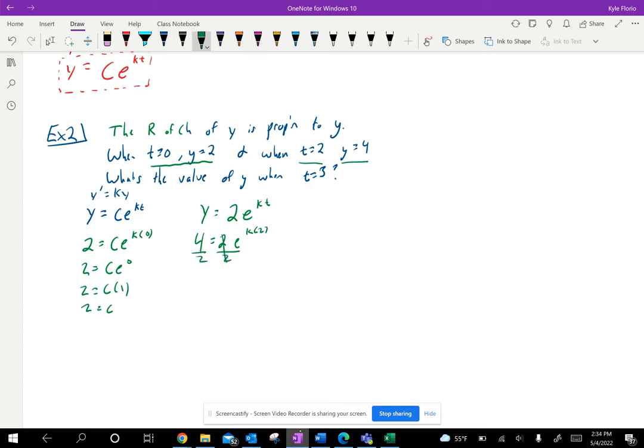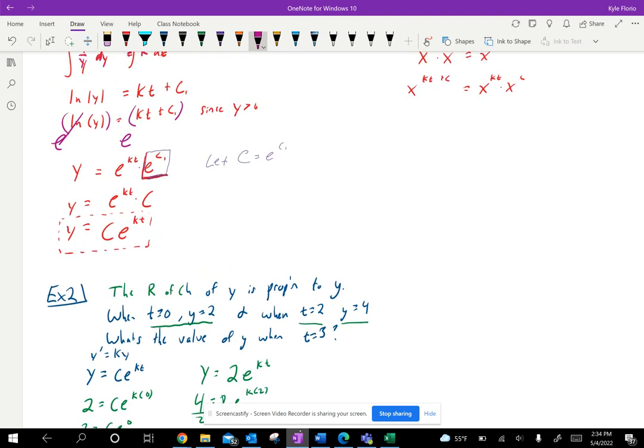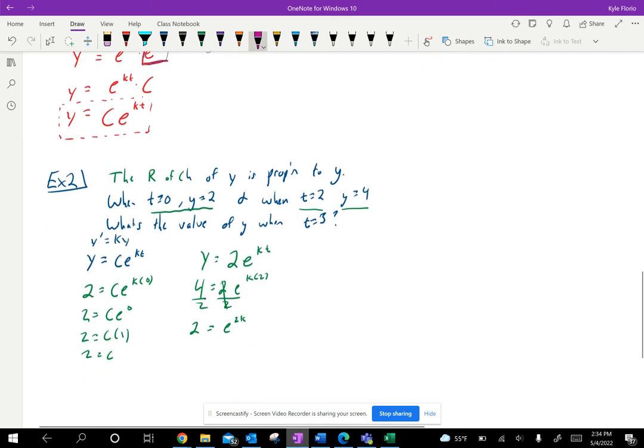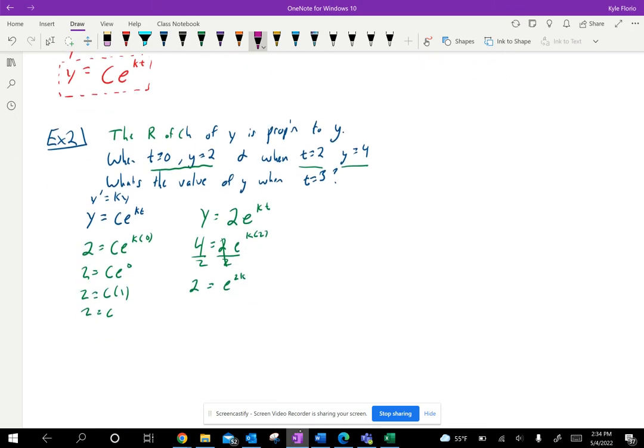So I'm going to get 2 equals e to the, instead of writing k2, I'll write 2k. Now we have to solve for this exponent, and what I'm going to do is take the natural log of both sides. That will undo the exponentiating, just like up here, exponentiating undoes the natural log and the natural log undoes exponentiating.